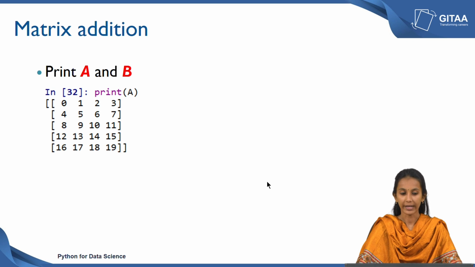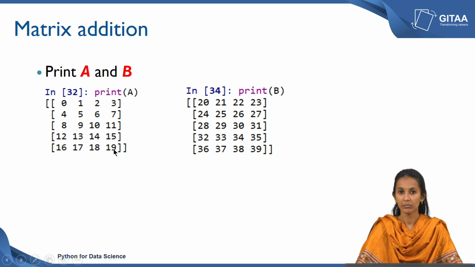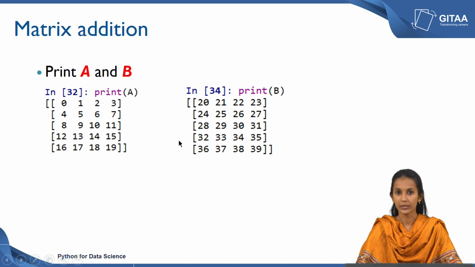When we print A, it has created a matrix with 5 rows and 4 columns, with start value 0 and end value 19. Similarly, when we print B, it has created a matrix with 5 rows and 4 columns. The start value is 20, 21, 22 till 39.